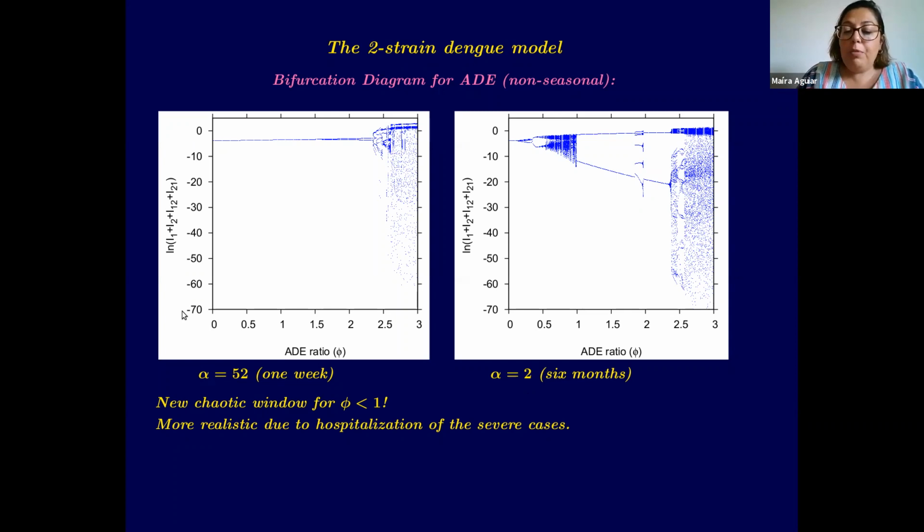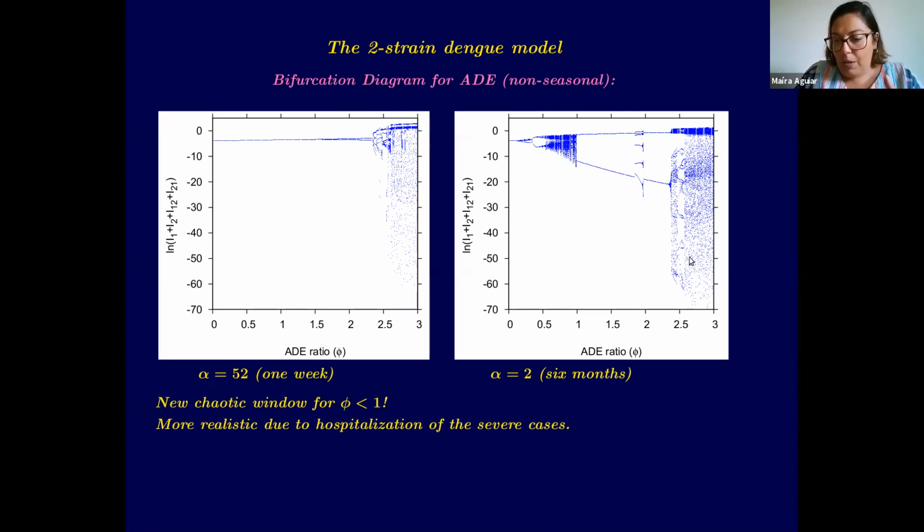So what we have done for this model here, we refined it when we added this period of temporary cross immunity to have a 6 months interval between the primary infection and the secondary infection. And to our surprise, we found chaotic behavior also in this region where the contribution of secondary infection is smaller than the contribution of the primary infection.